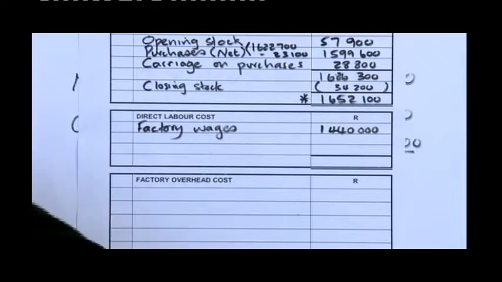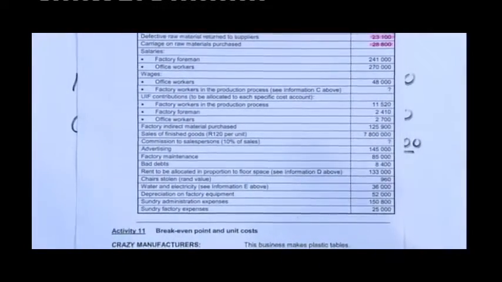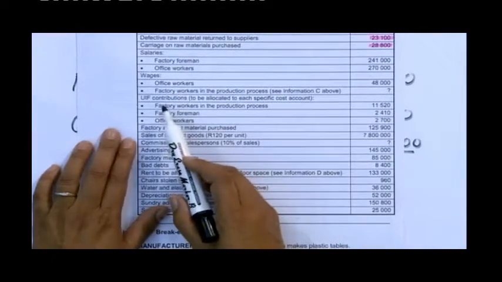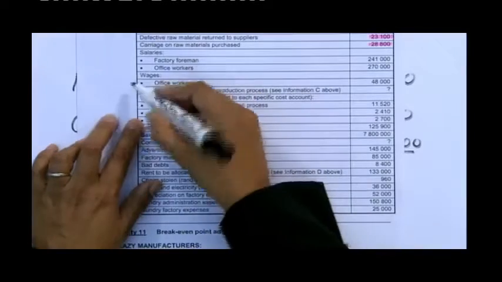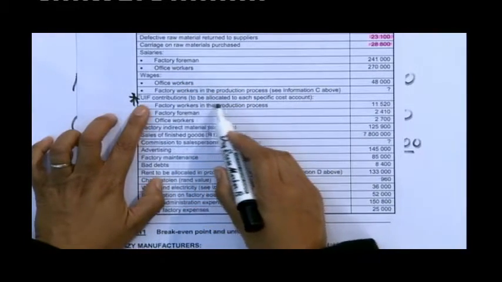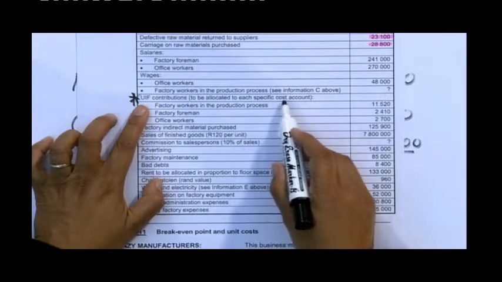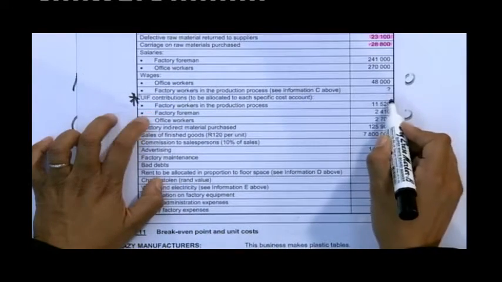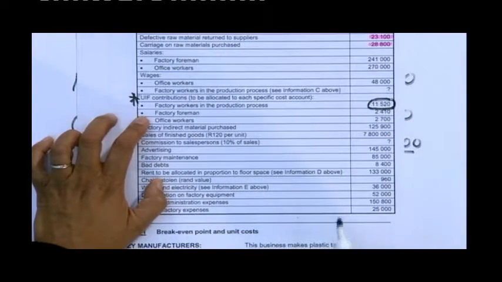Just find my page here. Okay, here it says UIF contributions, unemployment insurance fund contributions to be allocated to each specific cost account. Factory workers in the production process, their unemployment insurance fund is 11,520.